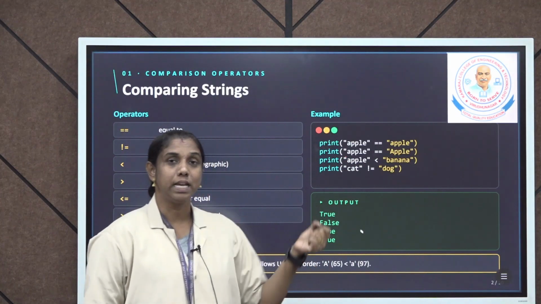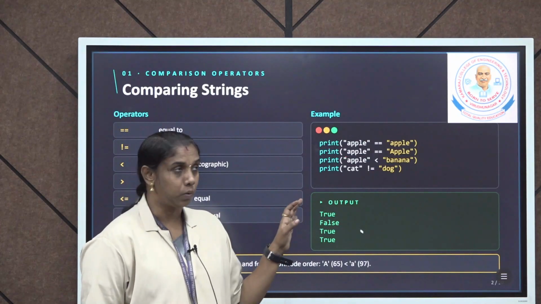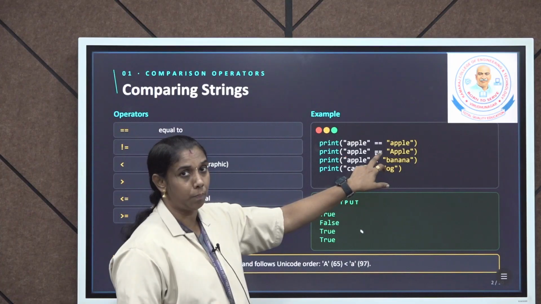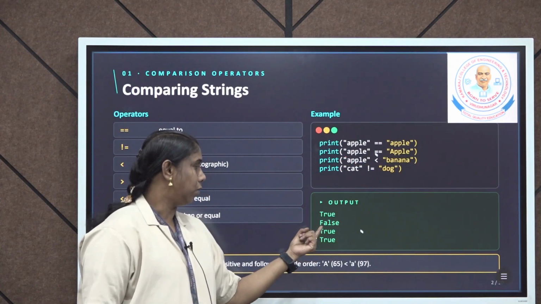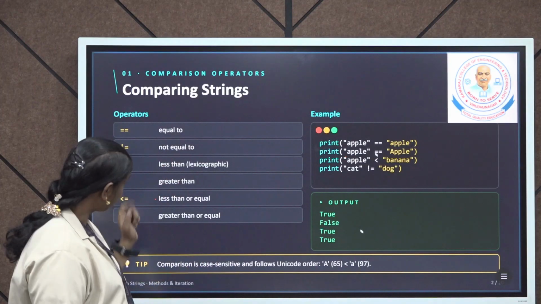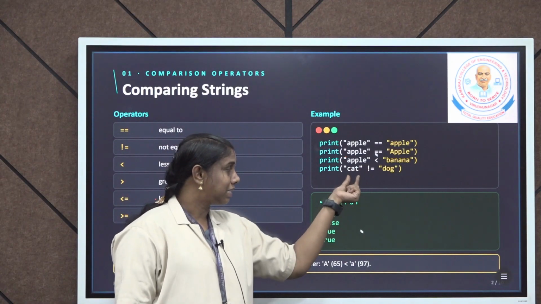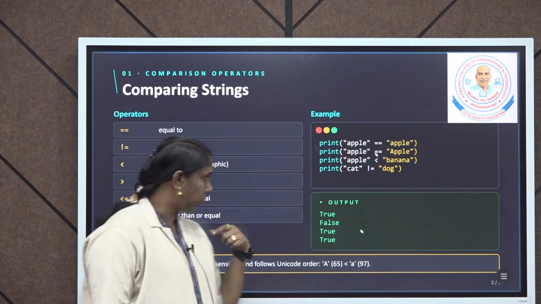By using the ASCII character, the value is changed for the left and right side, so they are not equal. So this apple is not equal to this apple, so the output is false. And cat not equal to dog: this string and this string are not equal. Yes, it's correct, so the output is true.